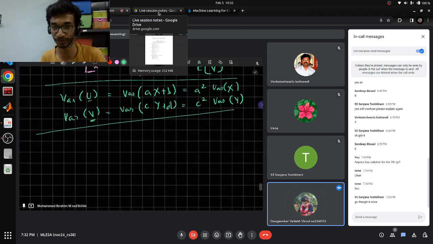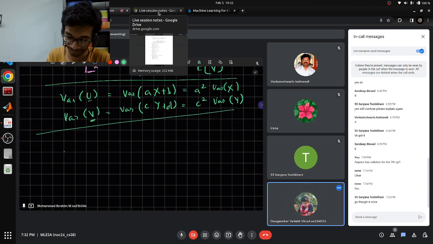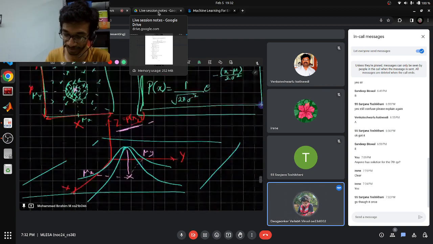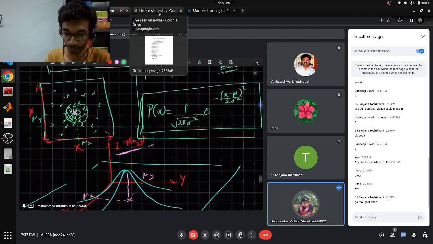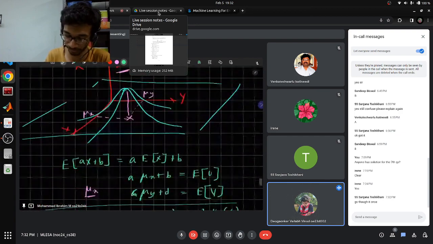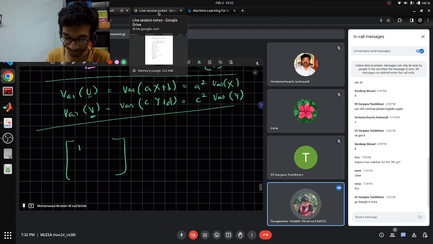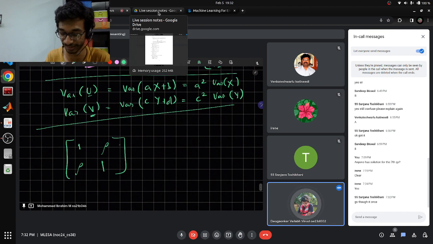So what we saw here, this distribution. Now if the covariance matrix was given something like this, one, row, row, one, where row is just some constant, it could have been any number. For now I am putting this symbol row.